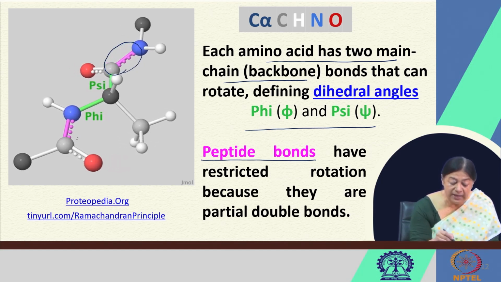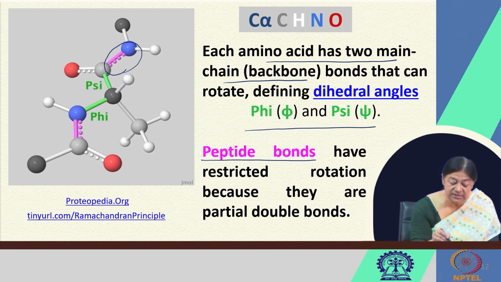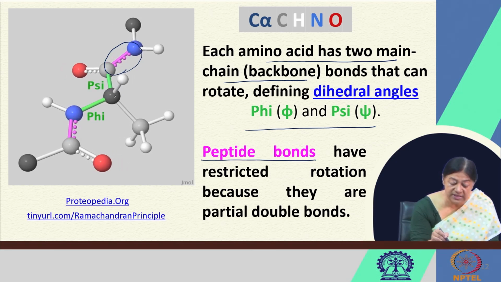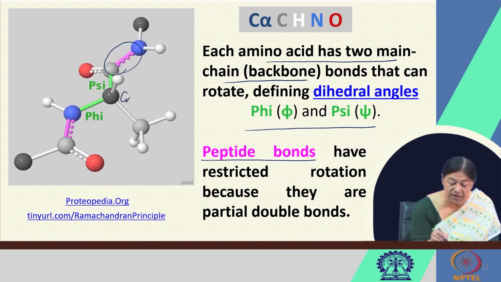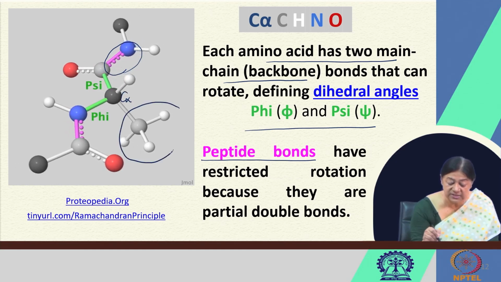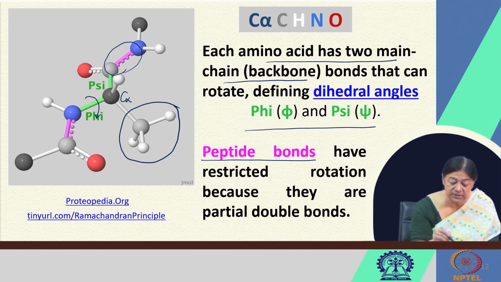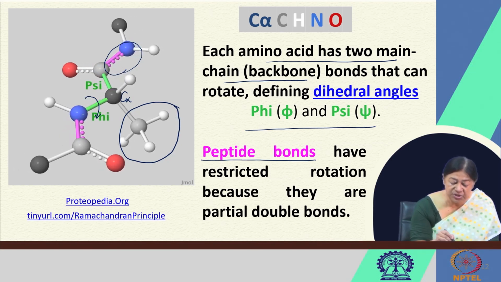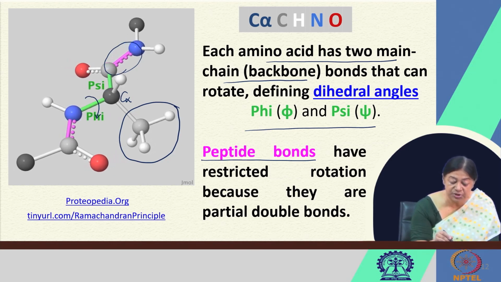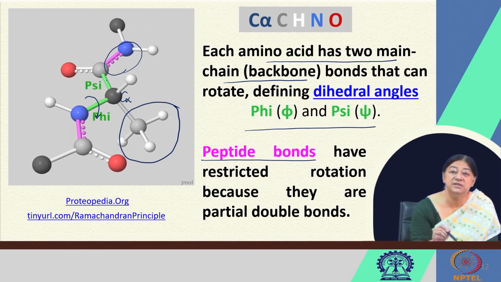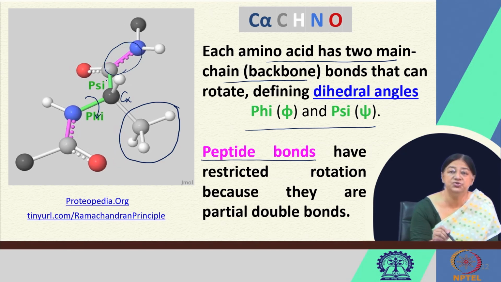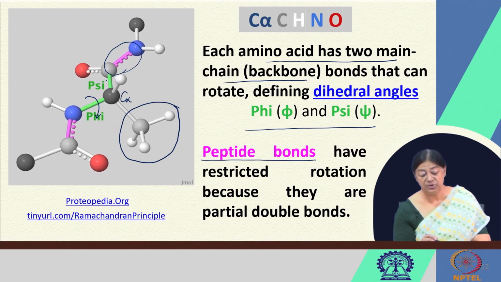Now when we connect the others, this is our C alpha and we can see this as the side chain. Now what happens is rotation about this bond, and rotation about this bond is also possible, giving us the dihedral angles that are extremely important in the protein geometry.